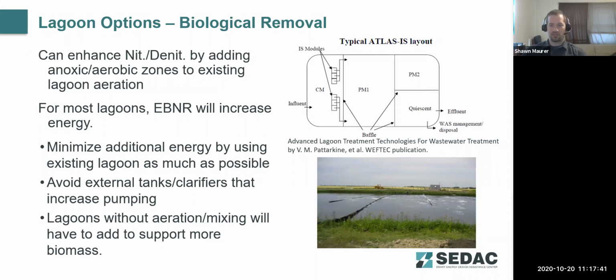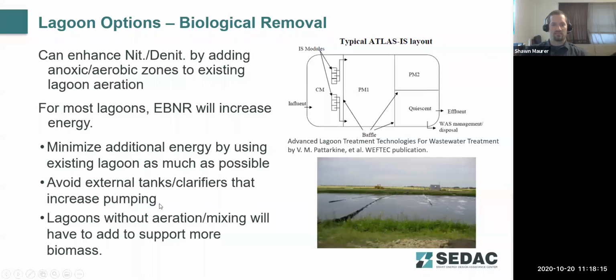If you can set up the lagoon itself with an anaerobic zone at the inlet, and then have a divider curtain that separates that lagoon section off, you limit the additional land area you need, and you limit how much energy consumption you'll have for that process as far as pumping and recycle. Again, note avoiding the external tanks and clarifiers added onto that lagoon, as that will increase the pumping energy required.